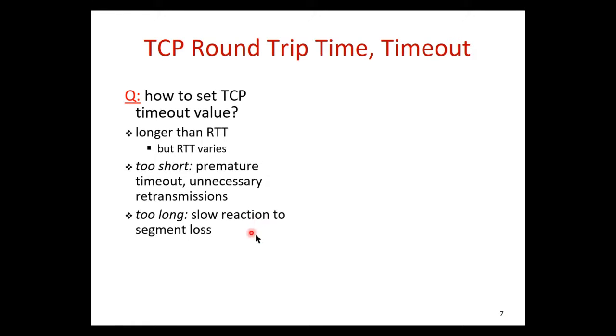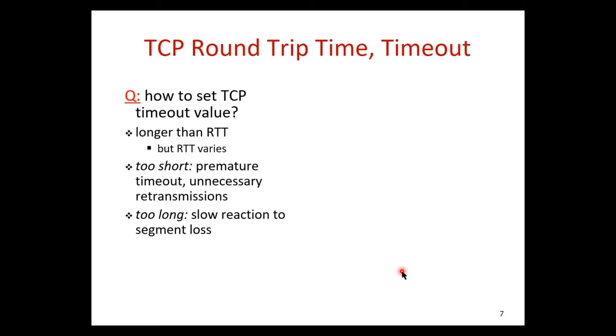Okay, so there's a suggestion from James, maybe increase the timer each time we time out. Actually, that's a very good idea, and that is used in some cases in TCP. But let's just wait a few slides.